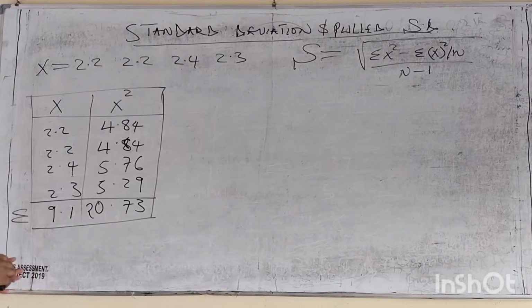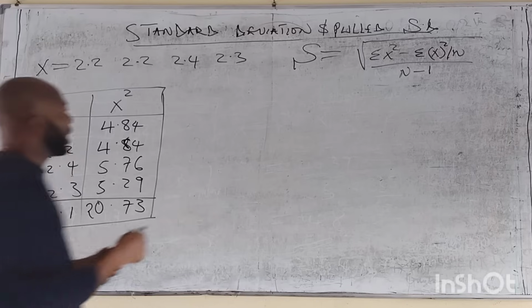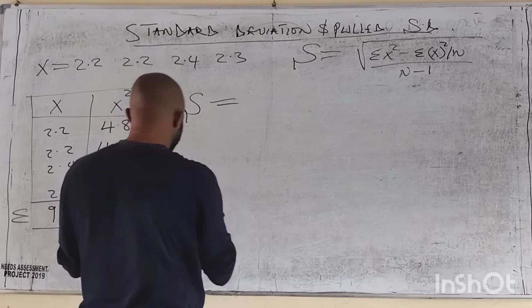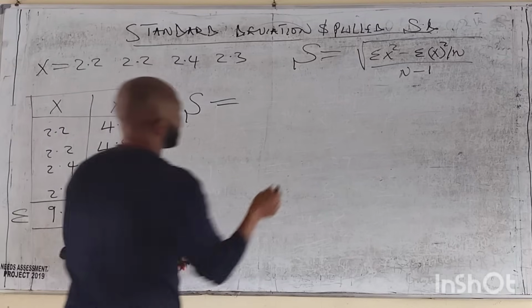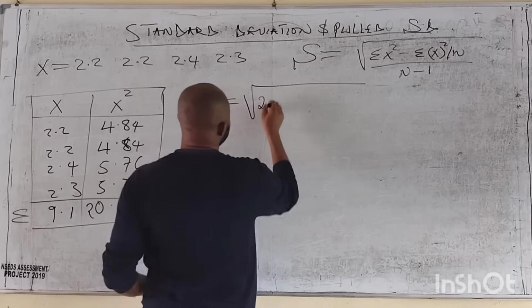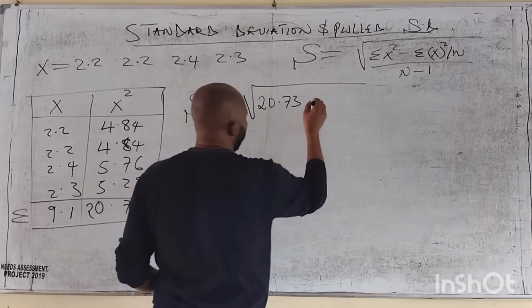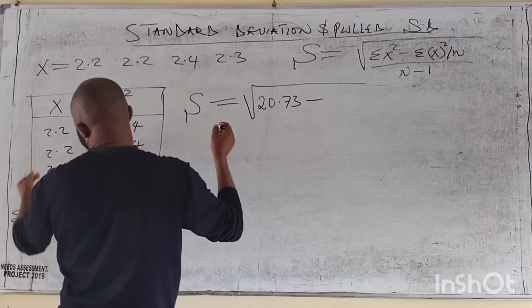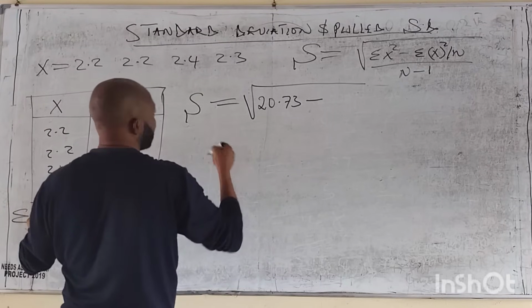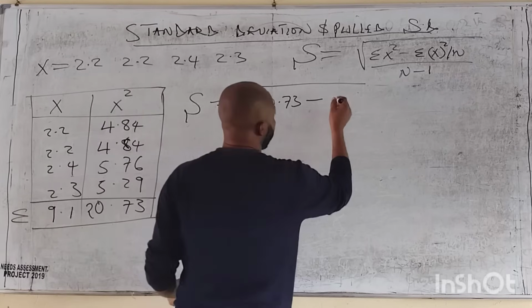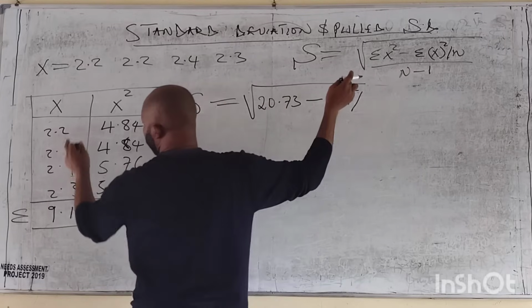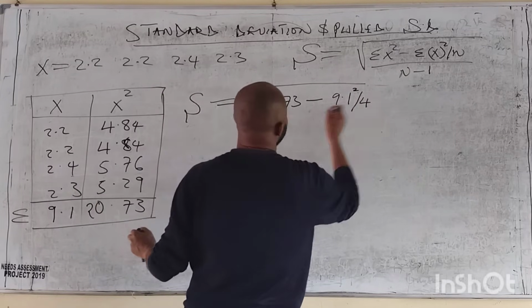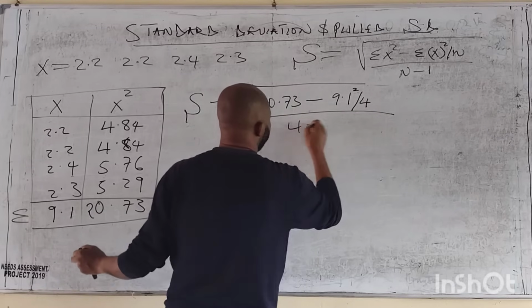Okay, here I have squared it. Now I have to put it into the formula. The summation of the x squared is 20.73. So the root of 20.73 minus the summation of x, then the square of it, which is 9.1 squared, over the number of degrees of freedom, which is 1, 2, 3, 4, over 4, all over 4 minus 1.